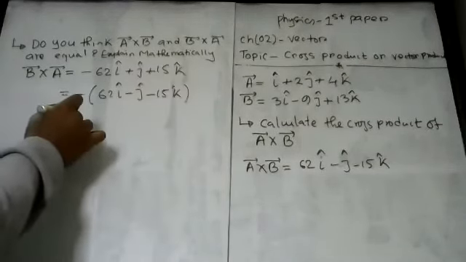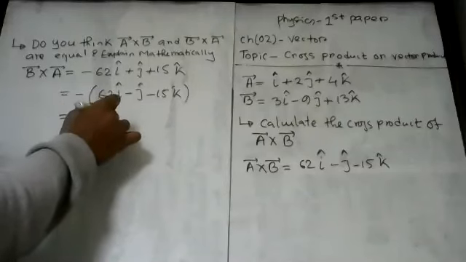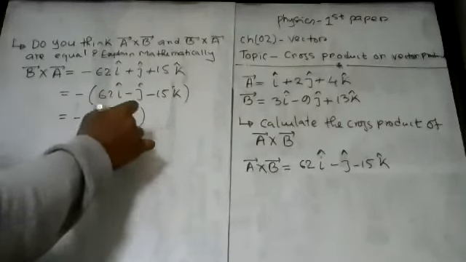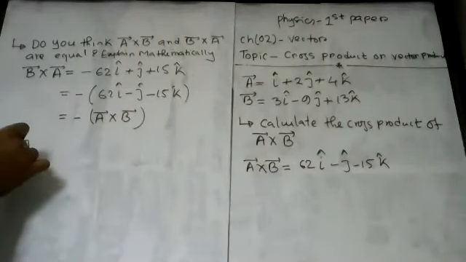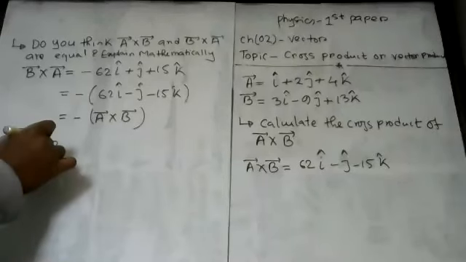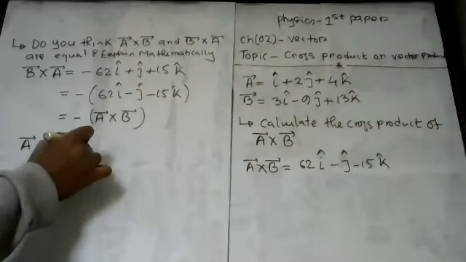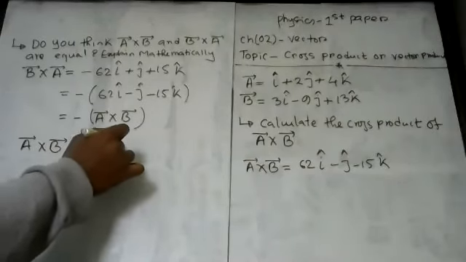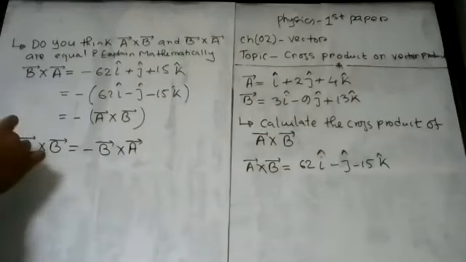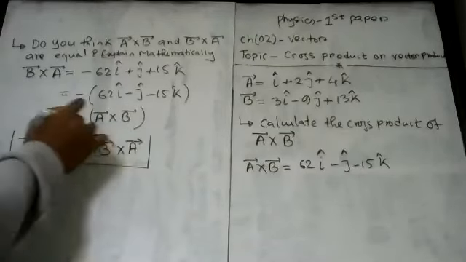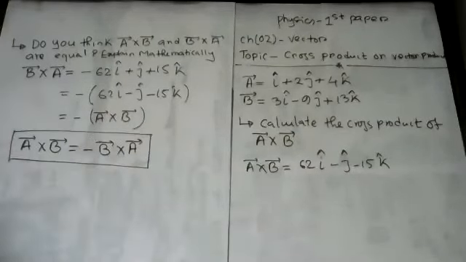So it will equal to minus A cross vector B. So surely you can say that vector A cross vector B will equal to minus vector B cross vector A. But please try to justify this, my dear student.